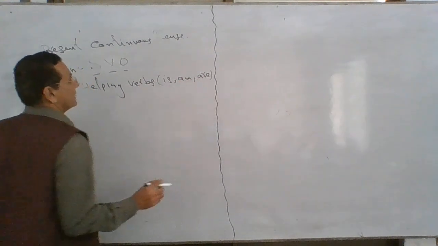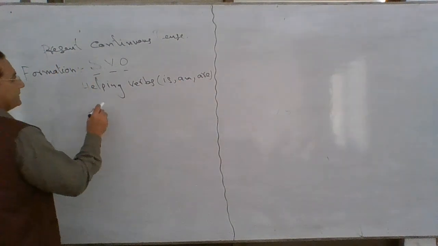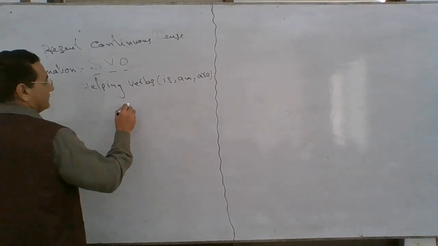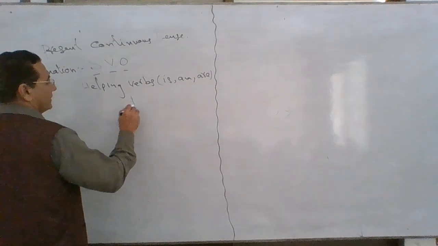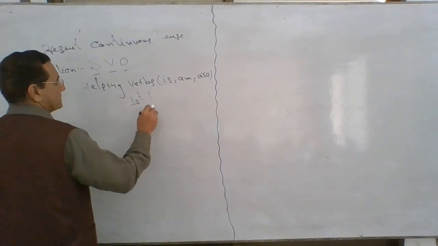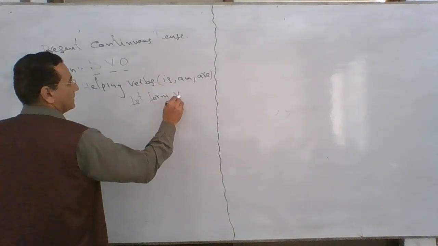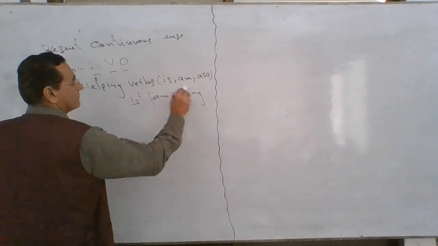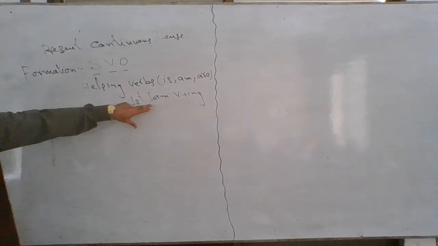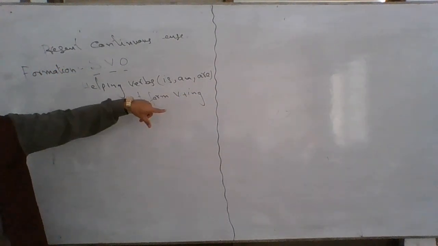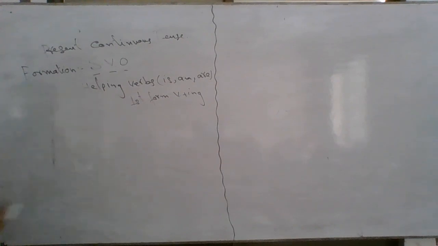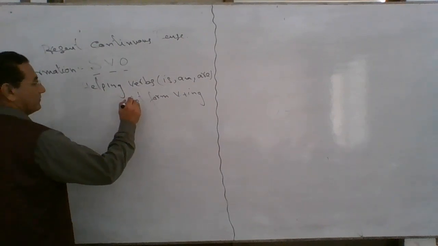You are supposed to use the helping verbs, and then there is first form of the verb with ing. First form of the verb with ing. And before that first form of the verb is that helping verb.